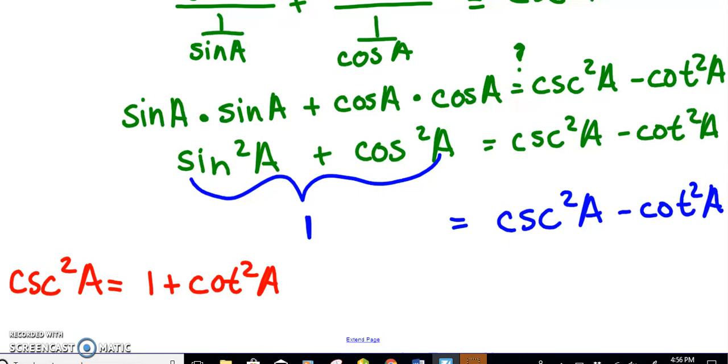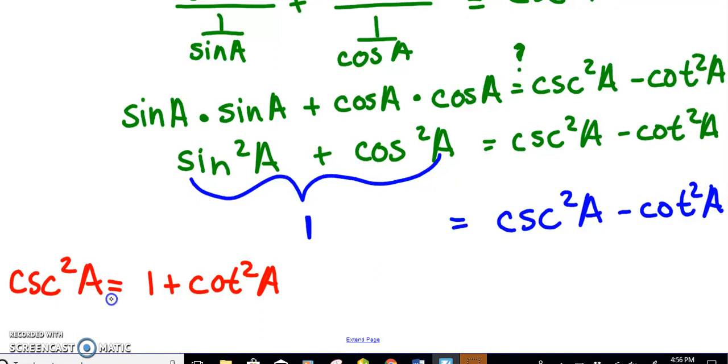Remember we said on the last example that we can manipulate our identities as long as we don't change the numbers or mess up the stuff. So we can move this cotangent squared over to the left side. We can move the 1 over to the left side. Either way, we can manipulate stuff.